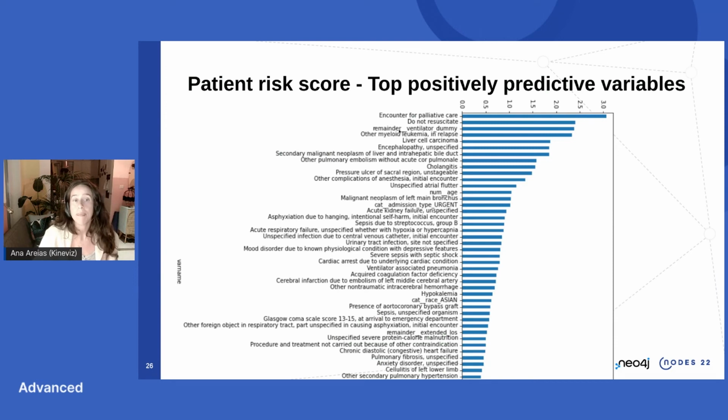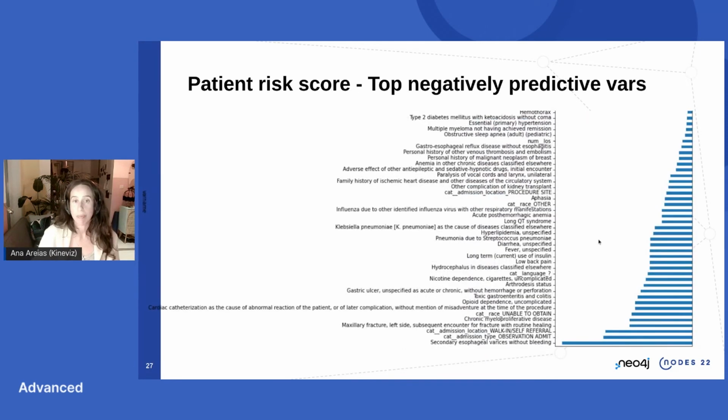But for example, here's the ventilator dummy. If you had a ventilator incident, where you needed to be put on a ventilator, then obviously the probability that you will expire increases. Age here is also an important predictive variable. The older you are, the more likely you are to expire. Whether your admission type was an urgent type of admission. All of these are associated with a higher probability of expiring.